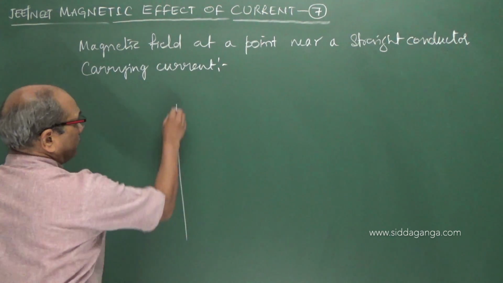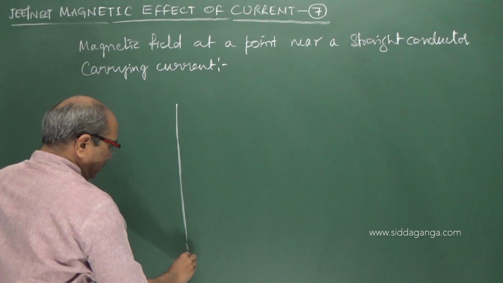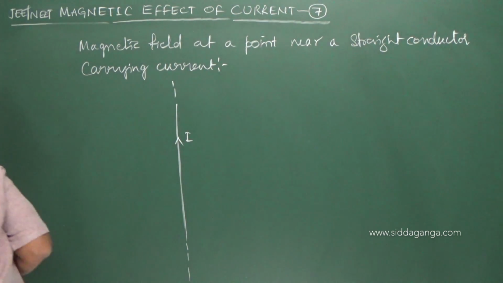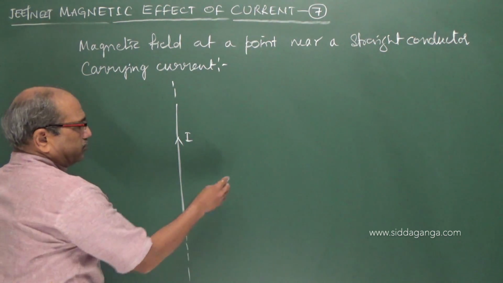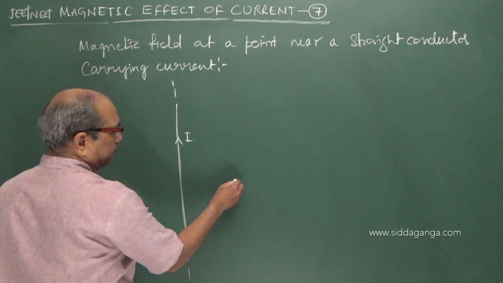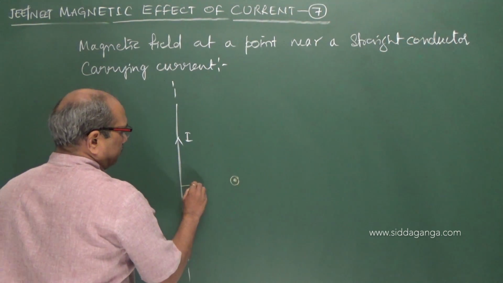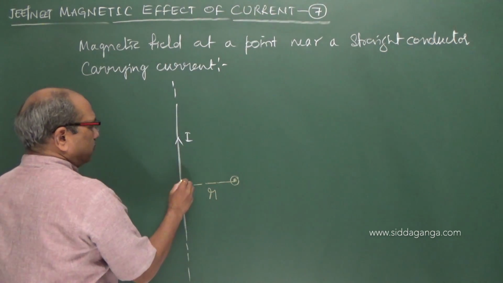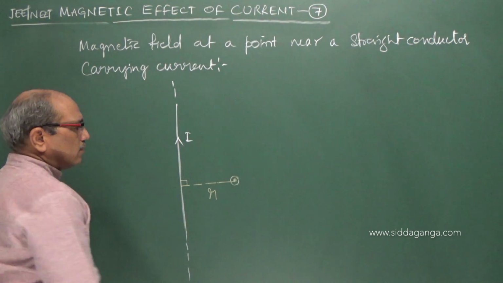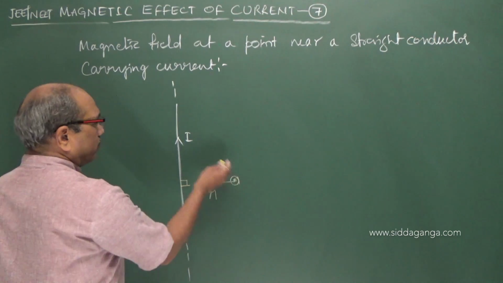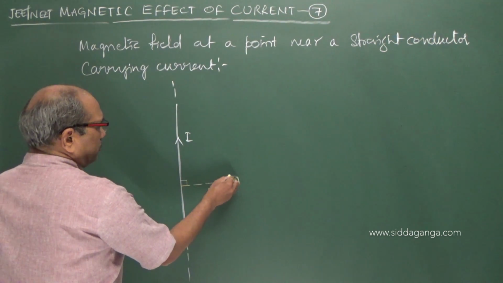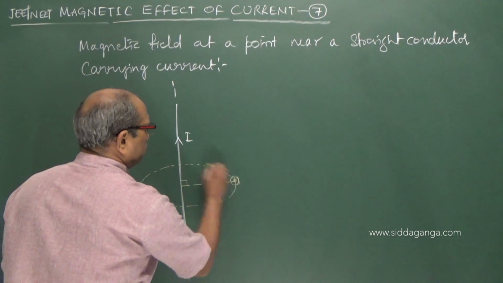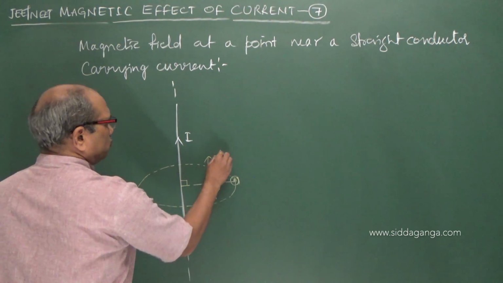For this, take an infinitely long straight conductor carrying the current I. I am considering a point at a perpendicular distance r from the conductor. According to Ampere's circuital law, I am imagining a closed loop of radius r. It is a closed path.